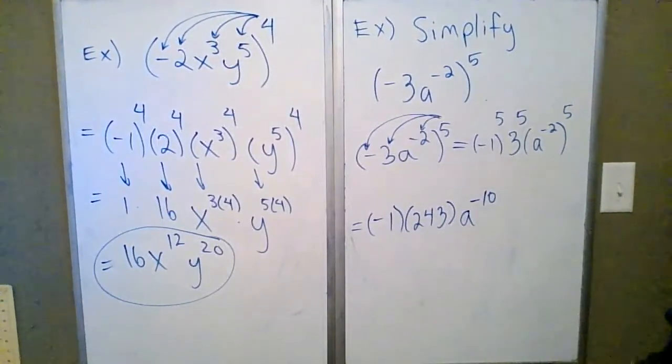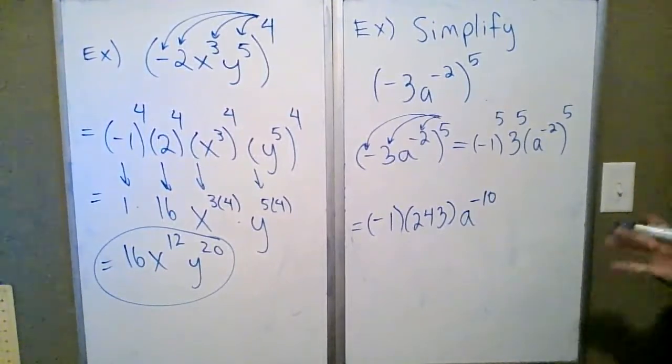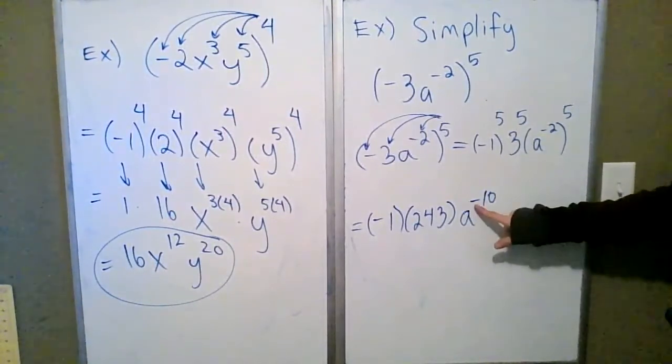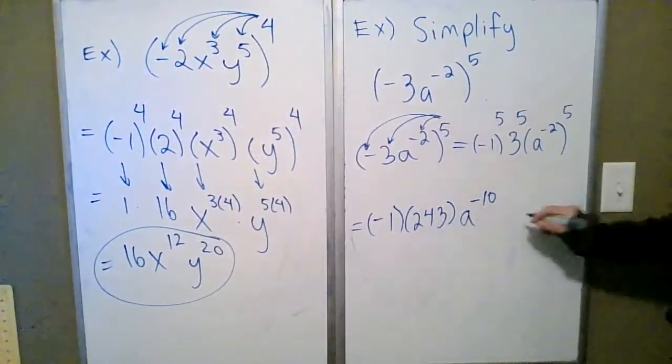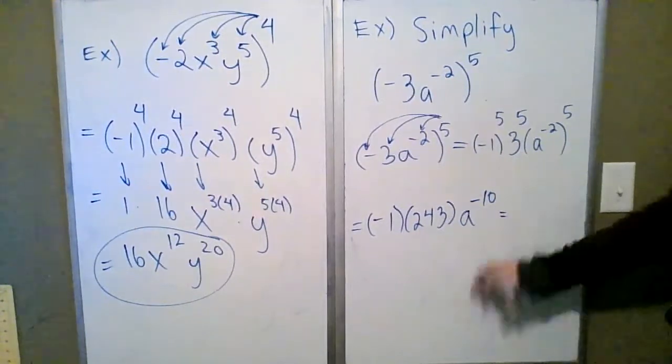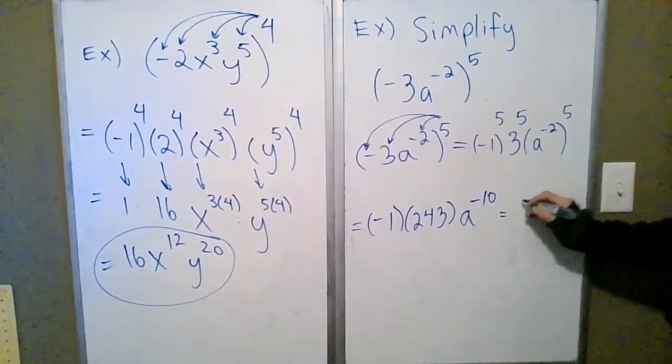And usually we want simplified answers to have powers that are positive. So we have to take care of that negative power, and we're also going to rewrite this just a bit better. It's -243, and we're going to put this over a to the 10th.